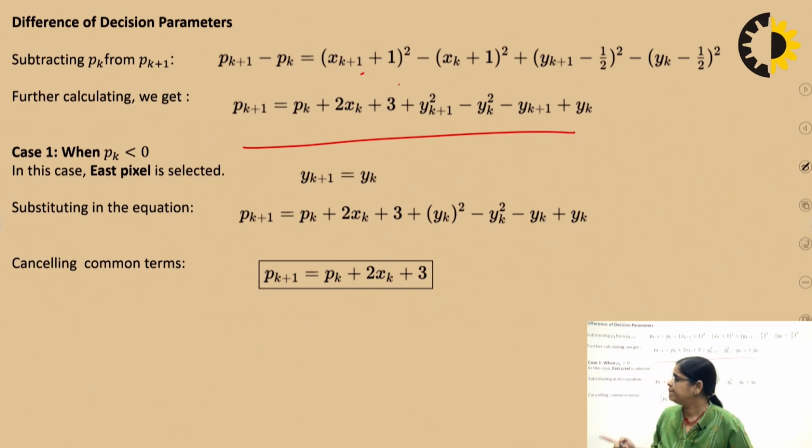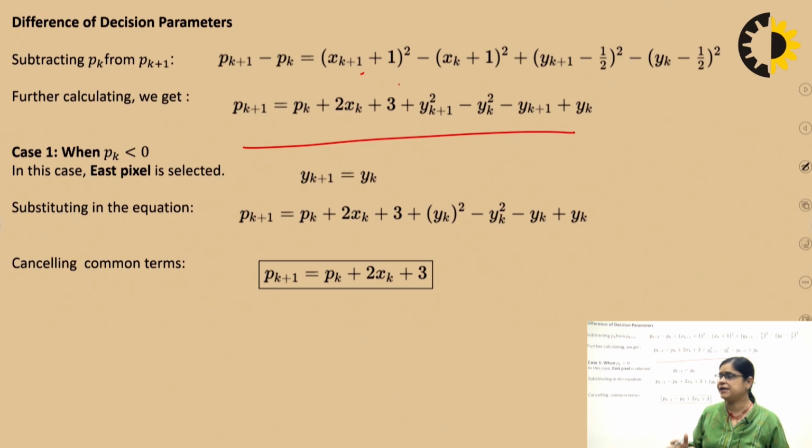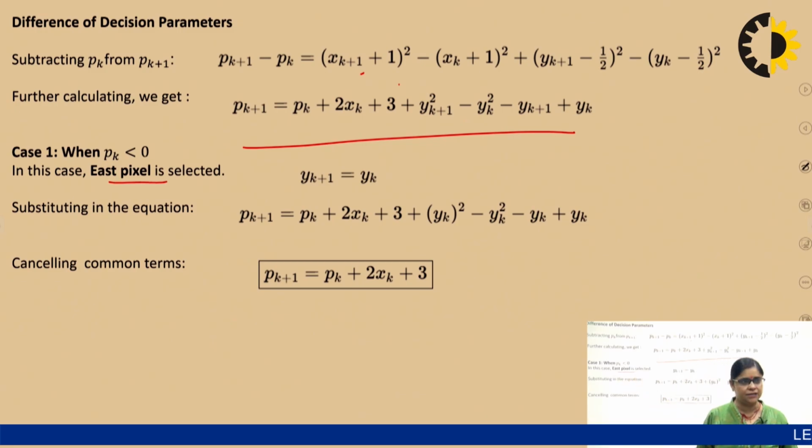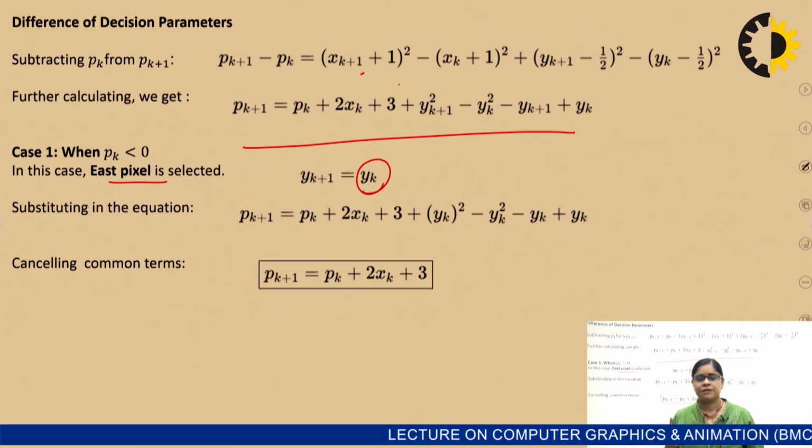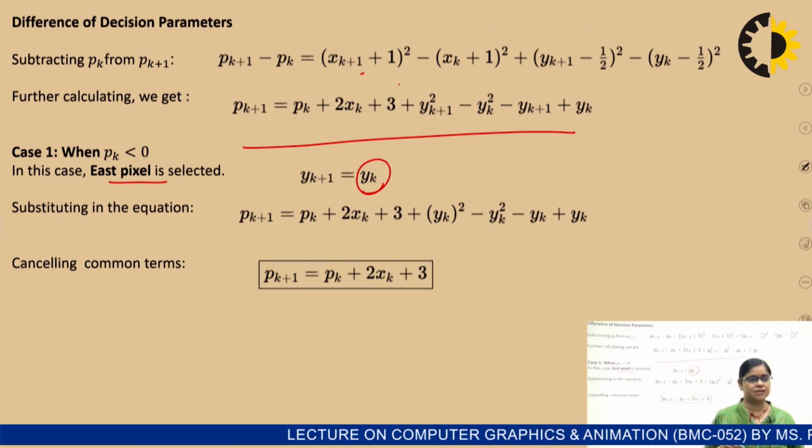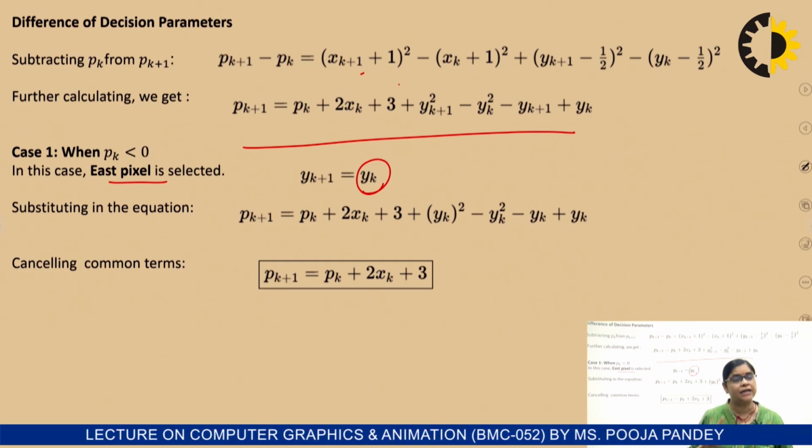Now when pk is less than 0, it means 0 is greater than pk, we will assume that the east pixel is selected. When I am selecting the east pixel, it means that yk+1 is equal to yk. If you remember, for the east pixel the value is yk, right? We are not taking yk minus 1, we are taking yk.